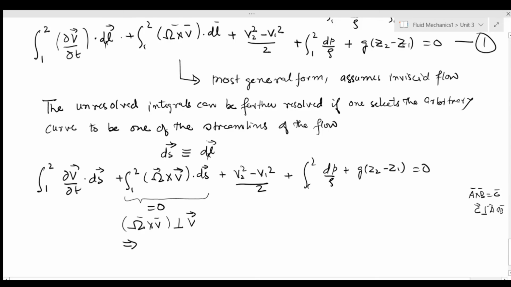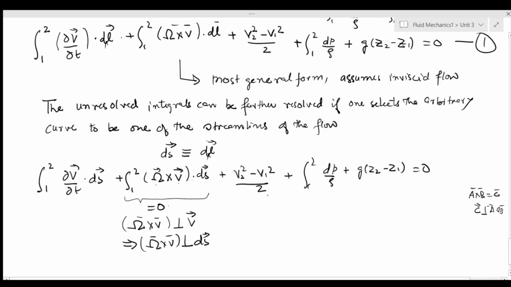So I can say that omega cross V would be perpendicular to ds also. If that's the case, then omega cross V dot ds would be 0, and that's why I have written here.